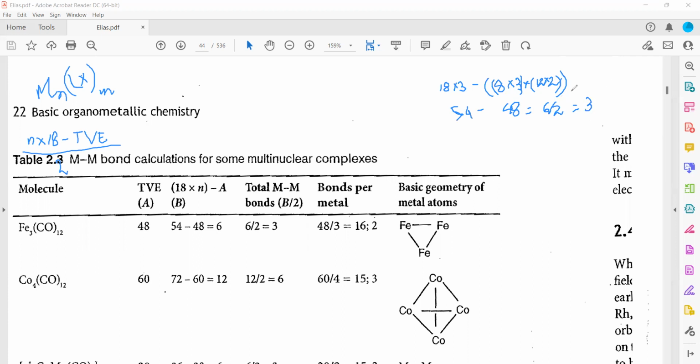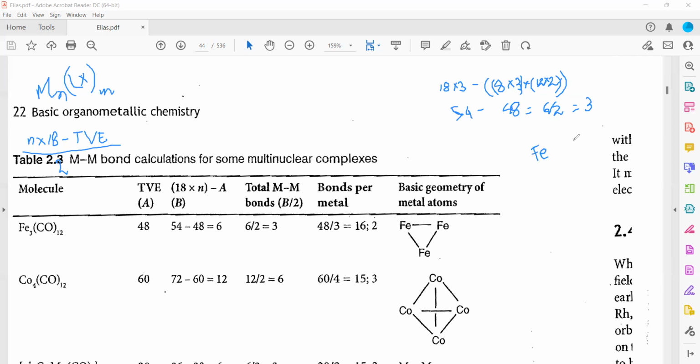Okay, there are 3 metal-metal bonds, and then there's another column which tells you to calculate metal-metal bonds per metal. This is the number of metal-metal bonds present in the complex, but for example, you got to know that there are 3 metal-metal bonds, and there are 3 irons in the structure.